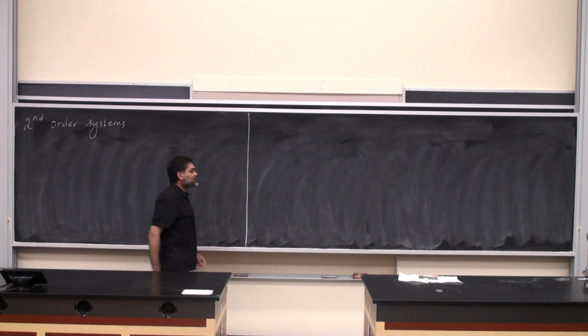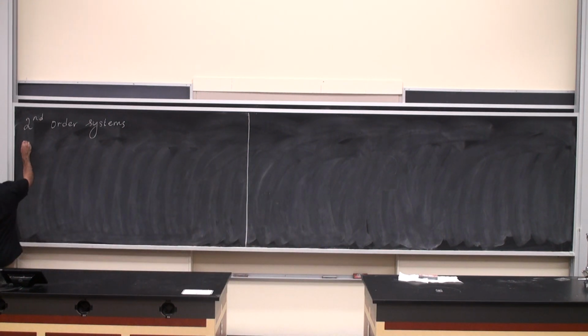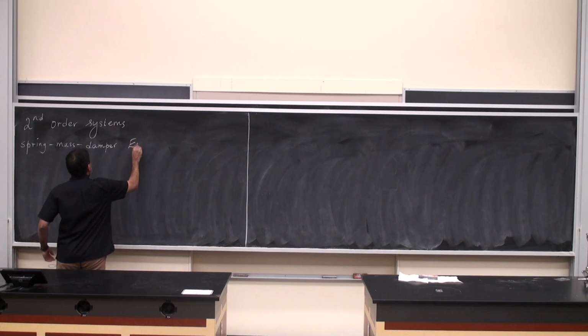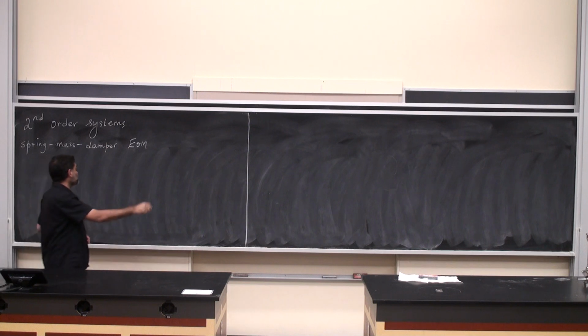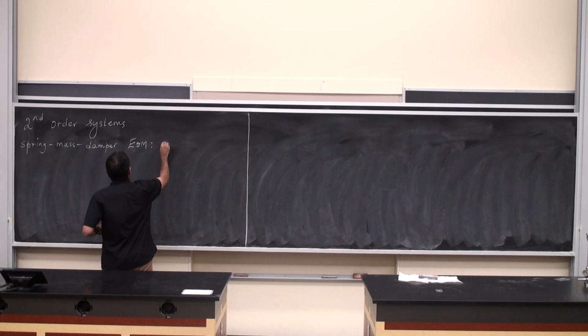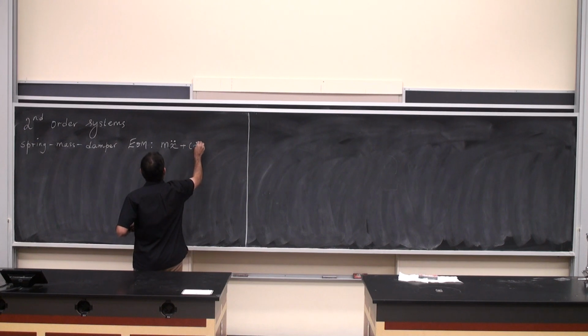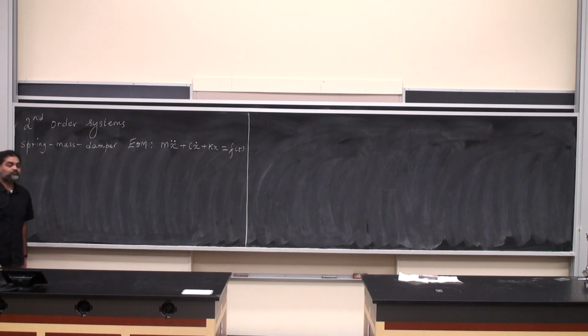Second order systems, we started with a spring mass damper example. Equation of motion of a spring mass damper. This was the form that we derived: m x double dot + c x dot + k x = f of t.